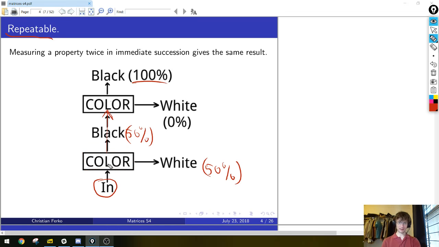So you would expect that if you only kept black electrons from the input beam and then measured the color, they should all be black. So hopefully this is not surprising. This makes total sense, but possibly not. So is this statement of this result clear, or are there questions? Yes and no. Okay, good.